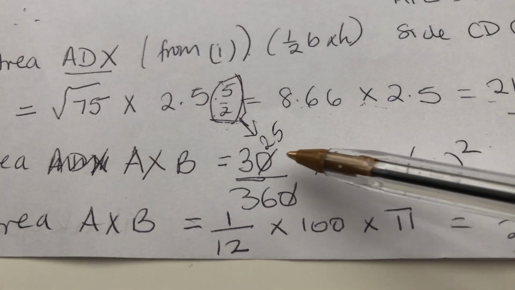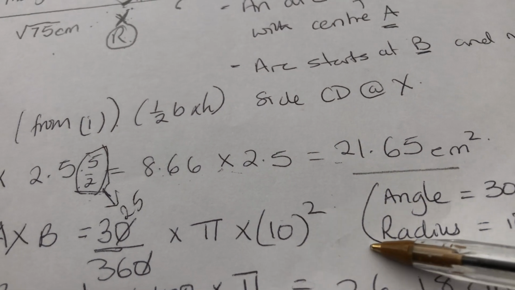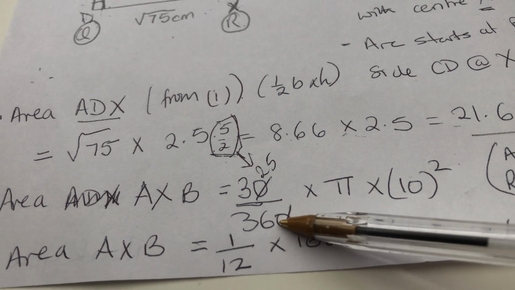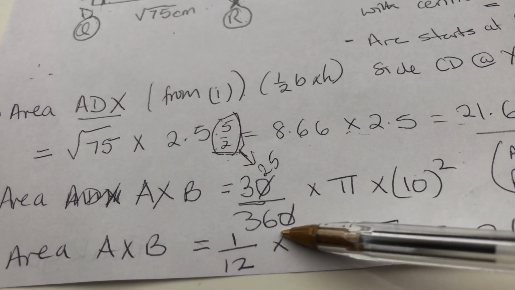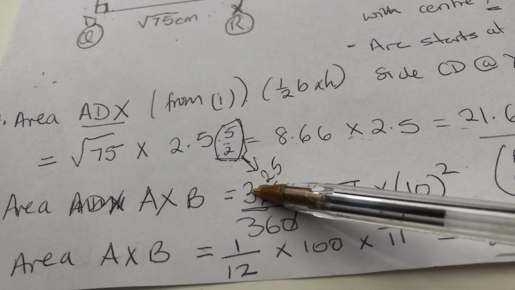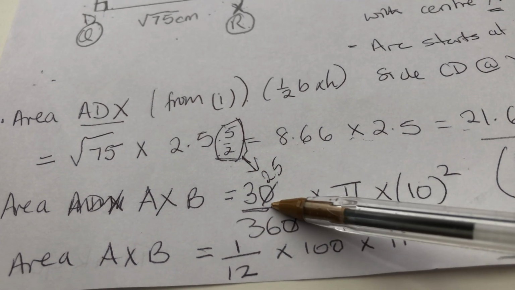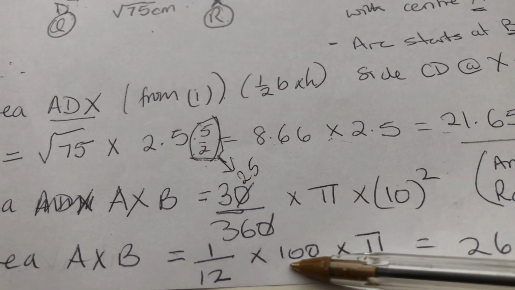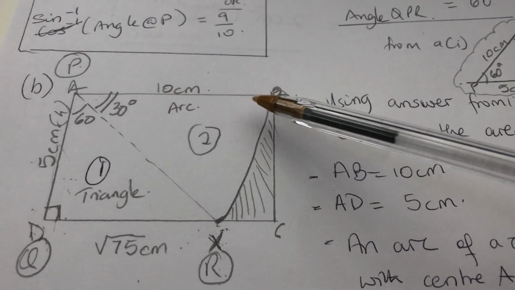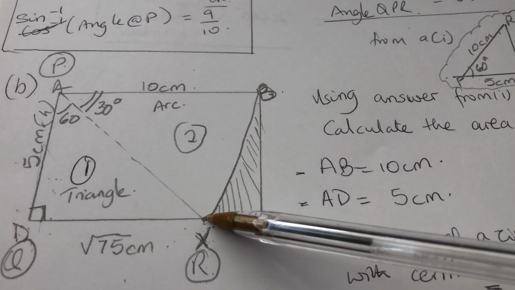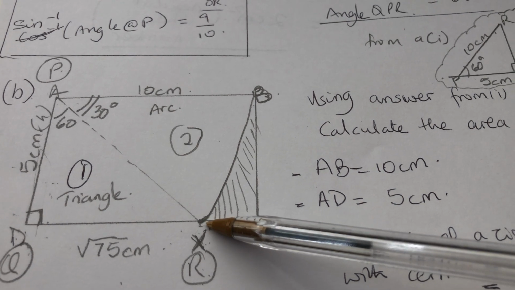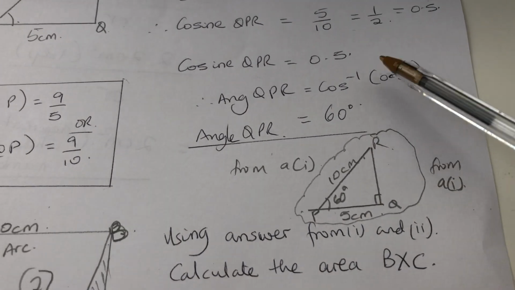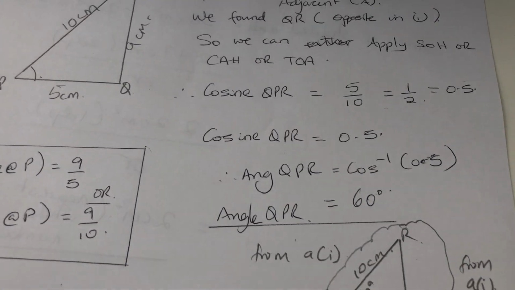So 30 over 360 pi r squared. We take the 0 off, 3 over 36: how many 3's in 36? 12. 10 squared is 100, because the radius is 10, they've told us in the question here, with radius.